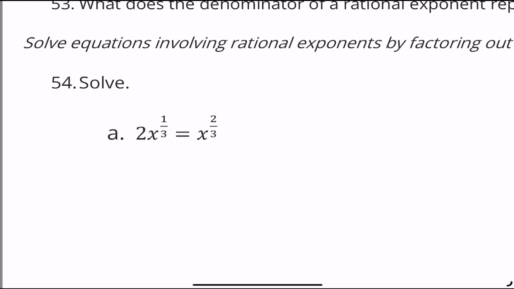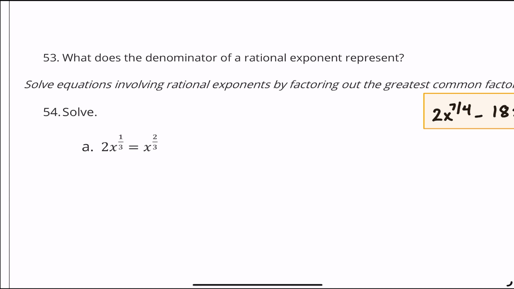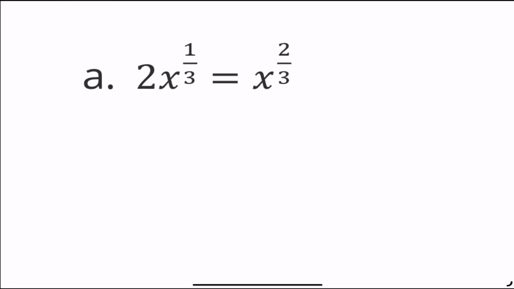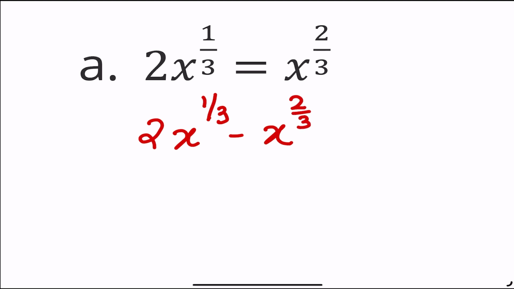Solve equations involving rational exponents by factoring out the greatest common factor. What I like to do is bring everything to one side. So this is 2x to the power 1/3 minus x to the power 2/3 is equal to 0.